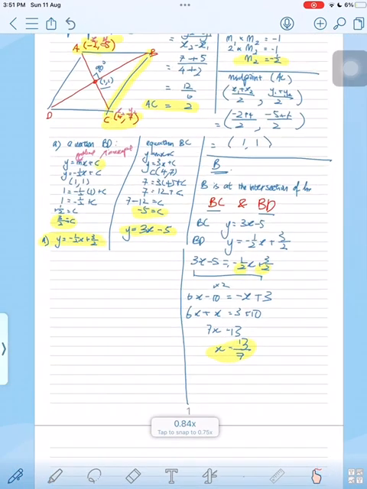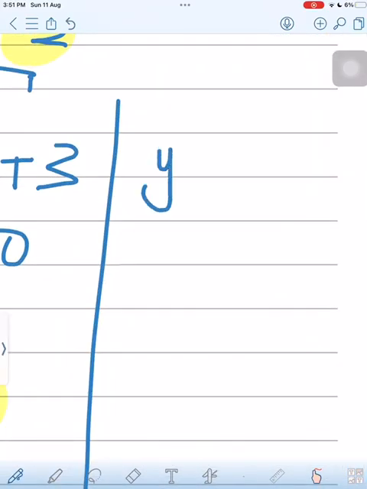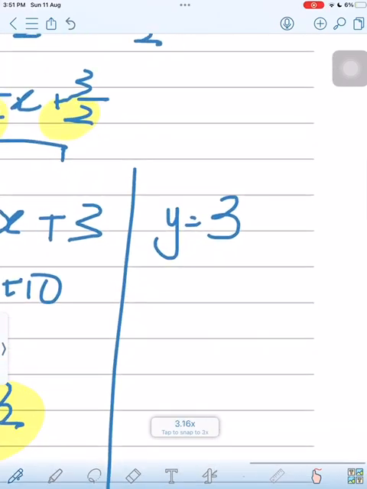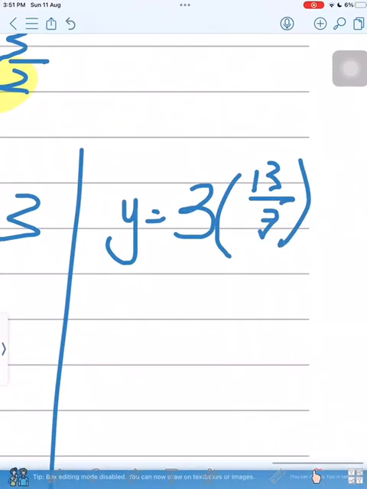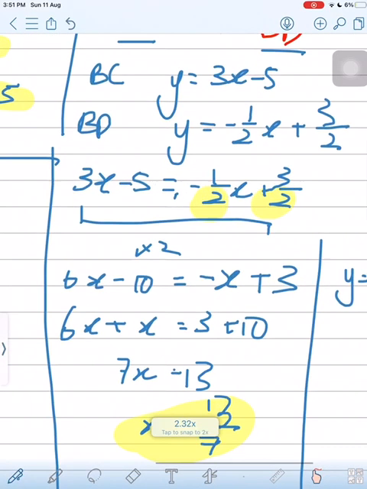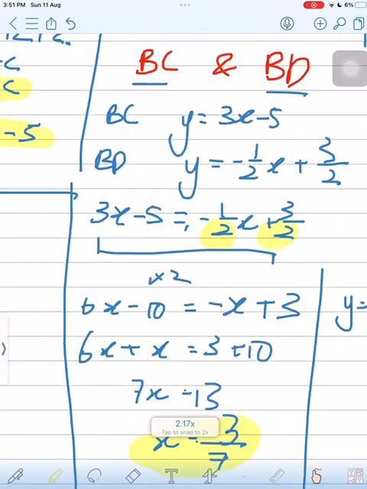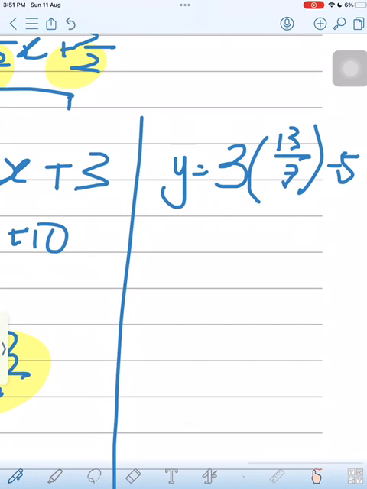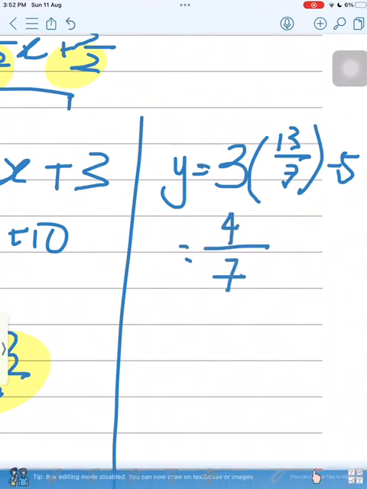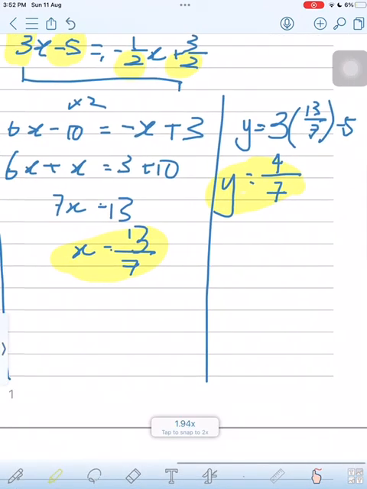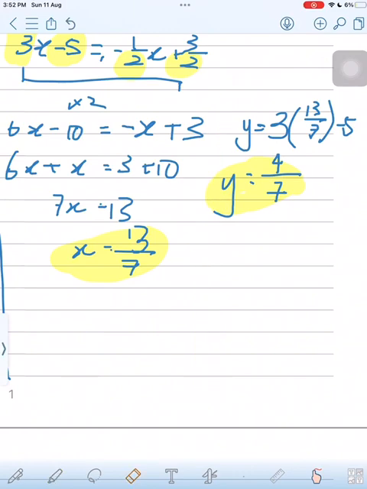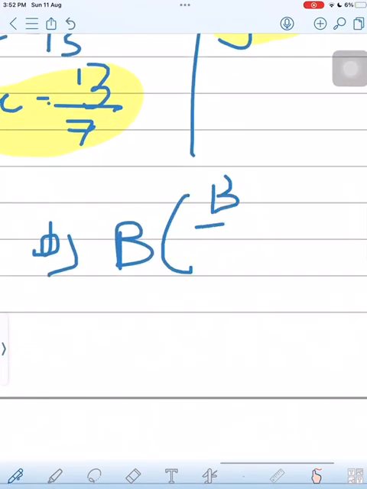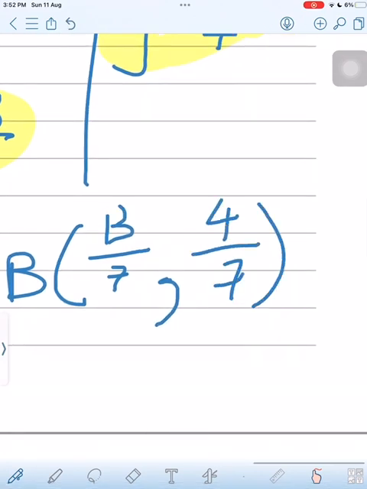To solve for y, y equals 3 times 13 over 7 minus 5. The reason it's 3 is because that's the gradient, and minus 5 is the intercept. Use a calculator to solve it, and you get y equals 4 over 7. So the coordinates for B are 13 over 7 and 4 over 7.